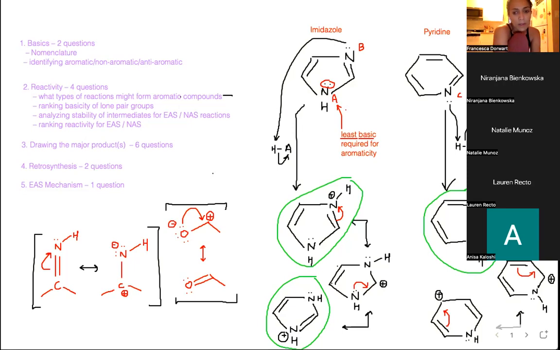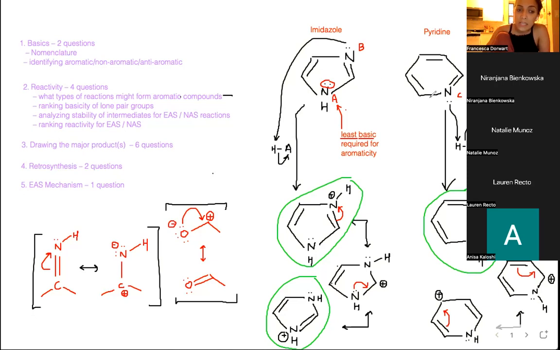By basicity ranking, do you mean looking at the conjugate bases or acids? No, Hannah. For example, if we're looking at imidazole and pyridine, and I said, looking at lone pair groups A, B, and C, rank them in order of basicity. A is the least basic because it's required for aromaticity, so it's going to be the least available to go pick up a proton, basically being the worst base.